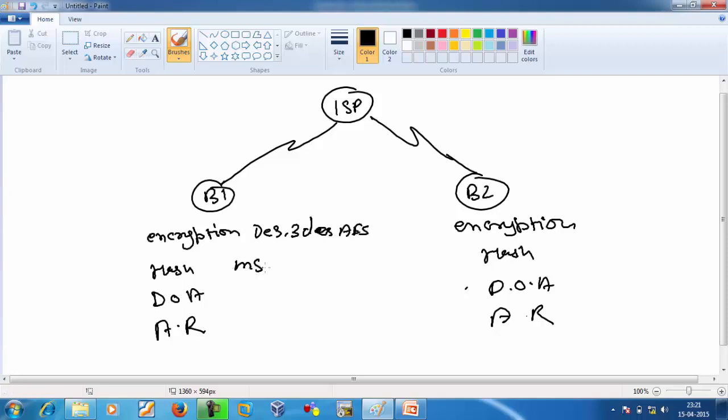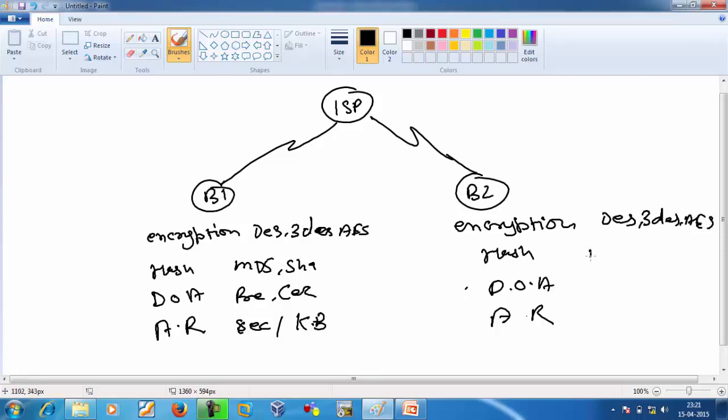Hashing: MD5 and SHA. Data origin authentication: pre-shared key and certificates are there. Here we have lifetime in seconds and/or in kilobytes. Same thing we have to define here: DES, triple DES, and AES, MD5 and SHA, pre-shared key or cert, and seconds or kilobytes.